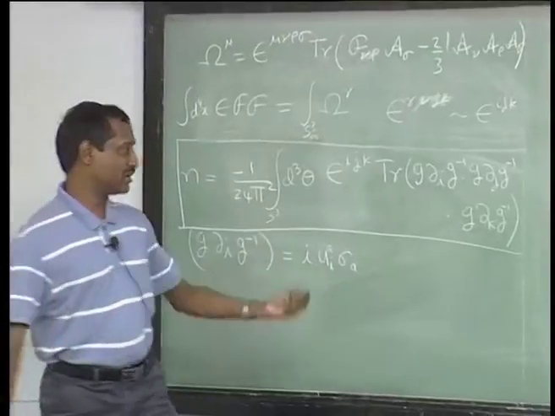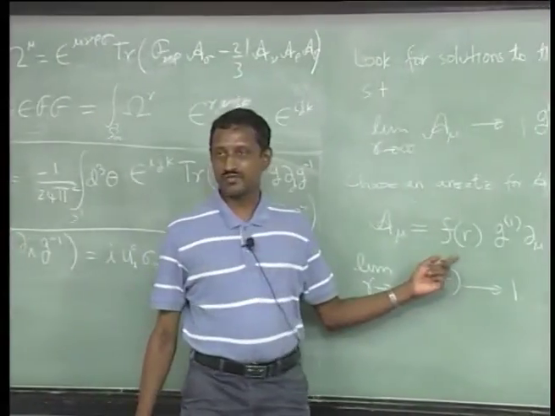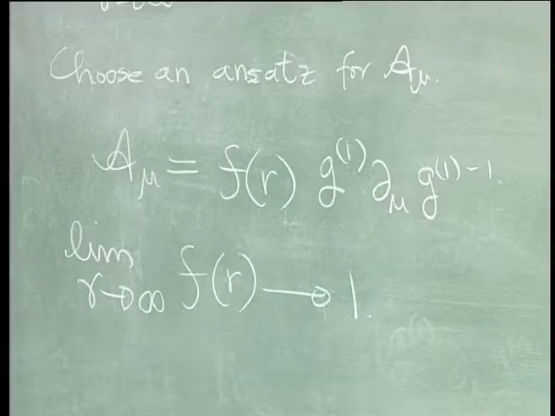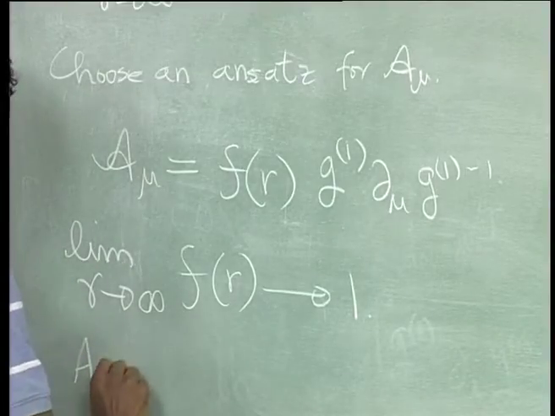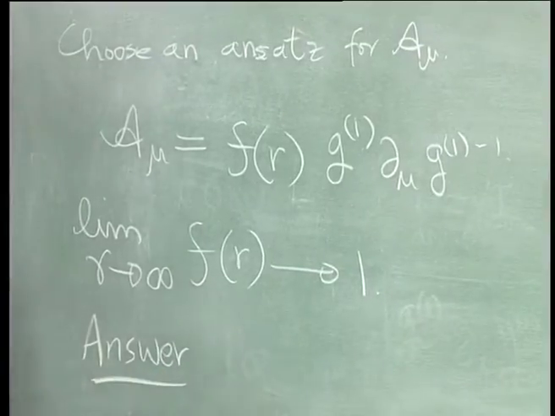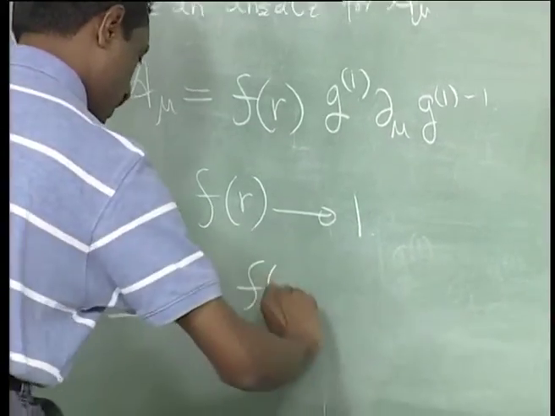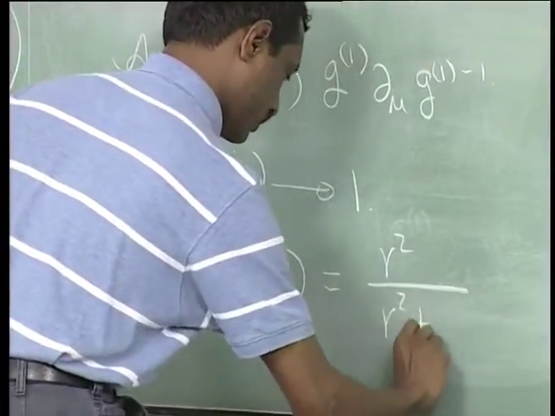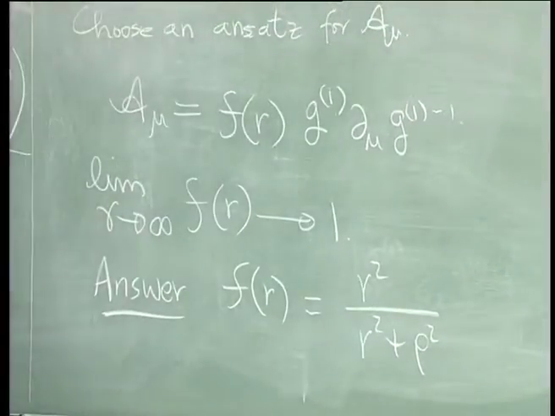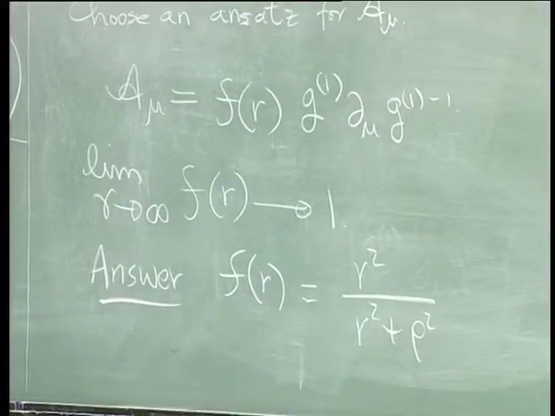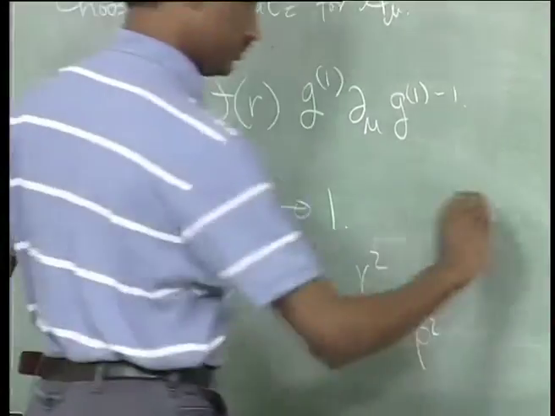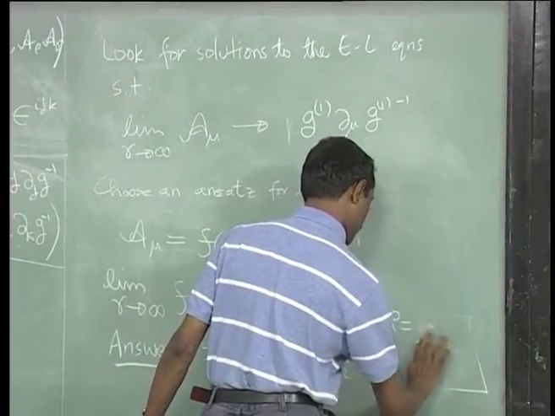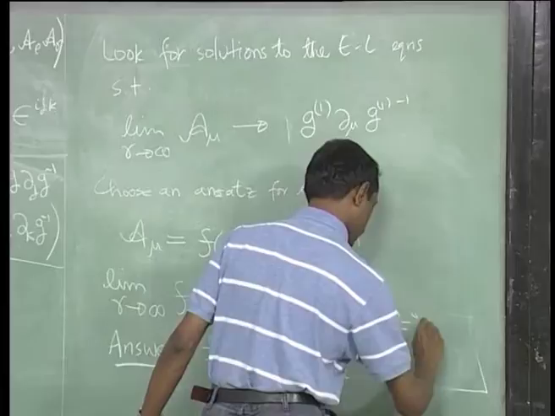You will get a nice differential equation for f of r, and I would recommend working it out. The answer turns out to be something like this, where rho is some parameter, which we will say is the size.